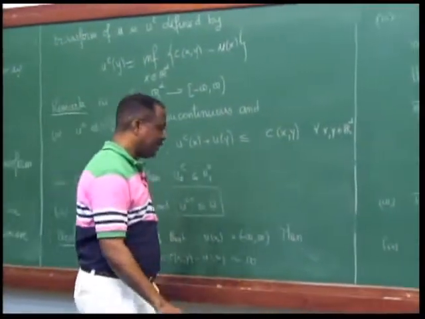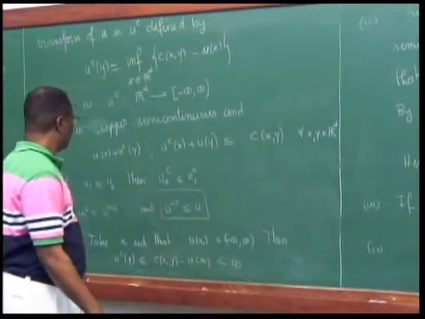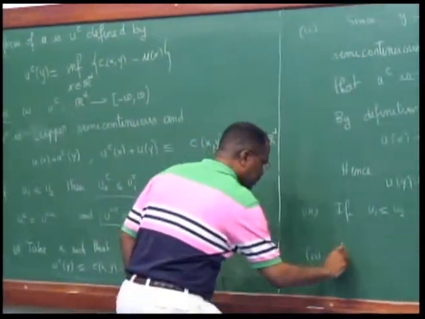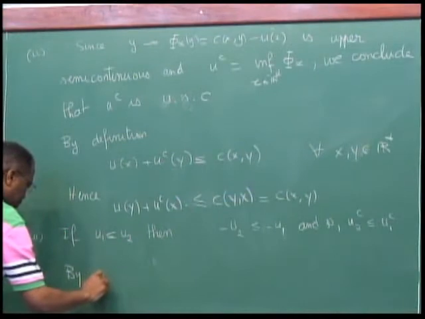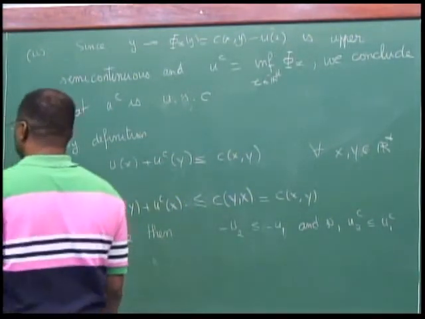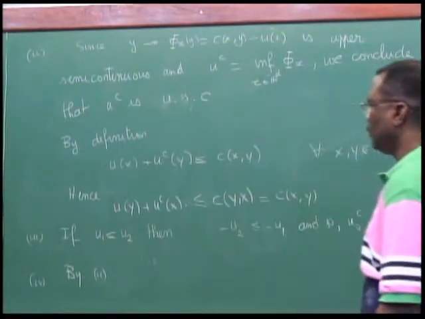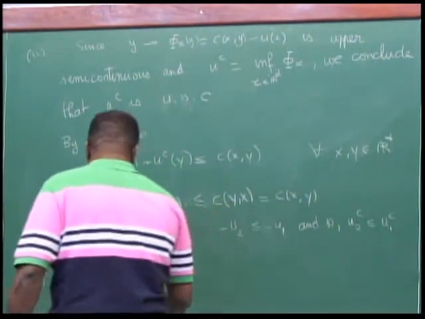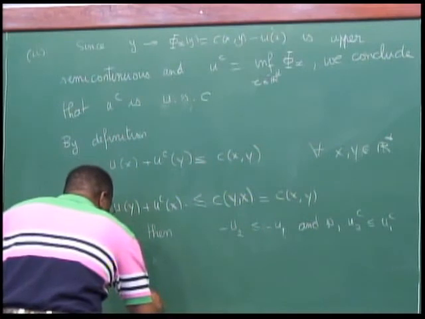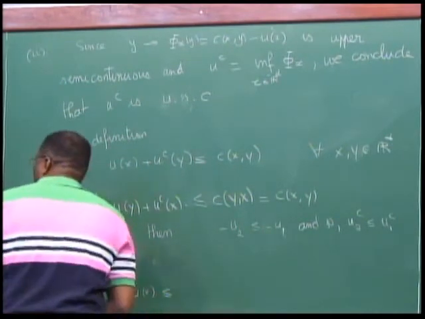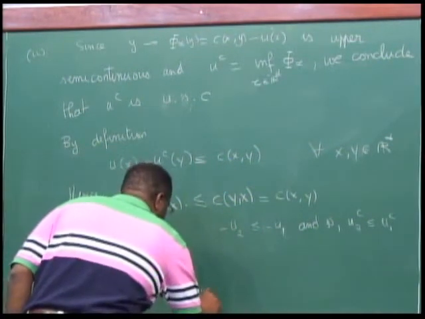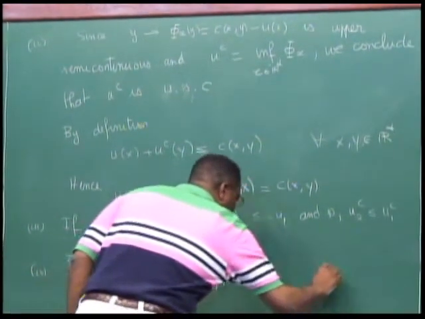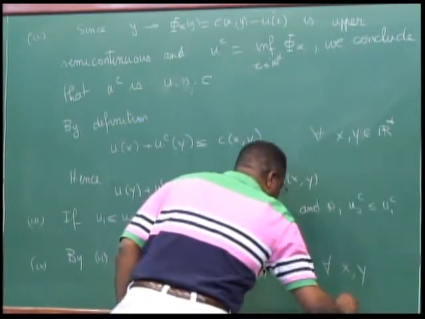By 2i, u of x is smaller than c(x,y) minus u^c of y for every x and every y.